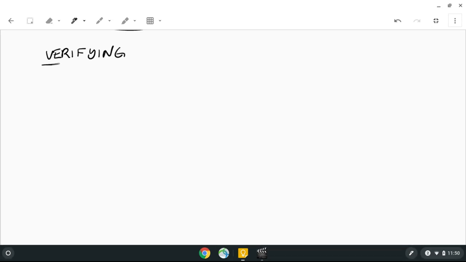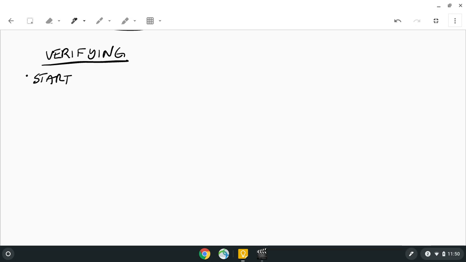So verifying. You're going to have to verify that something equals something. So you start with only one side, generally the more complicated side.